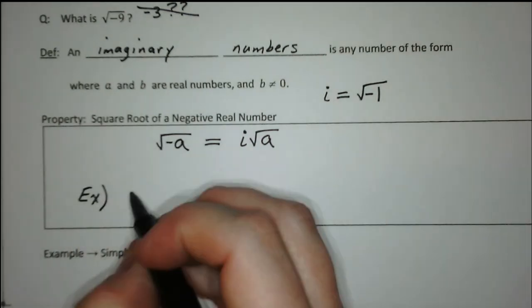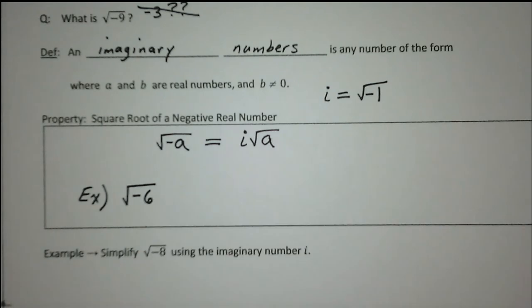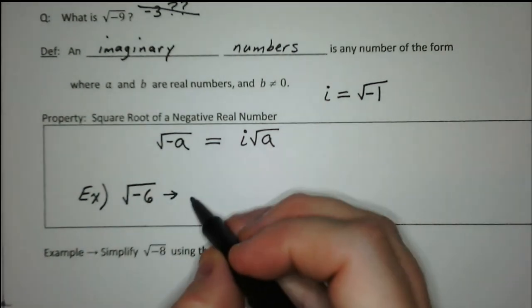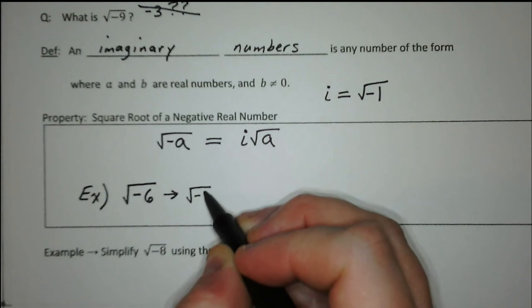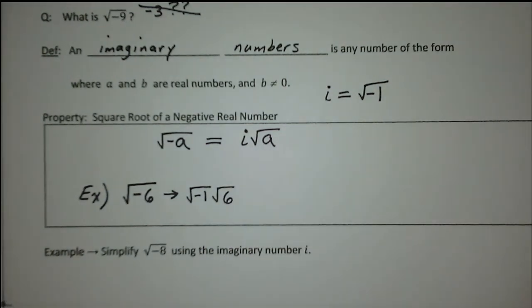As an example, what if I wanted you to do the square root of negative 6? What is the square root of negative 6? Technically, what we do first is break it up into the square root of negative 1 times the square root of 6. Square roots work that way; we're allowed to break it up like that.